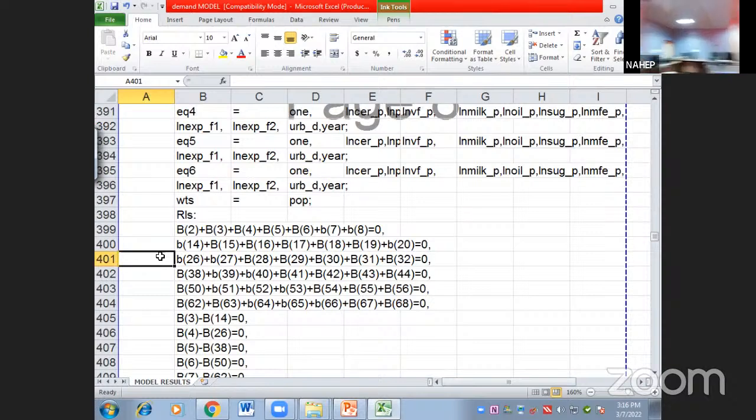Then we have the symmetry conditions, that B3 equals B14, B4 equals B26, and so on. If you write it in matrix form, you can always find out the coefficients from 1 to n.